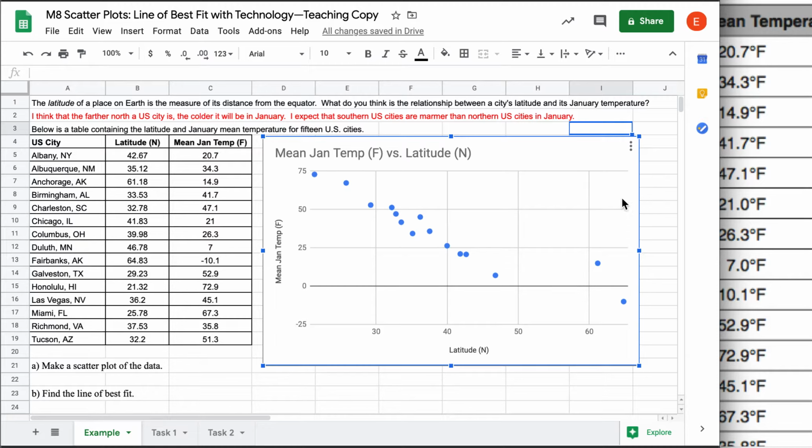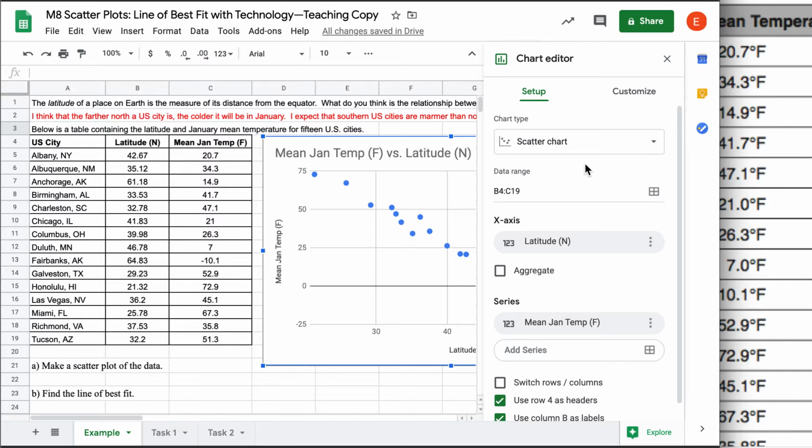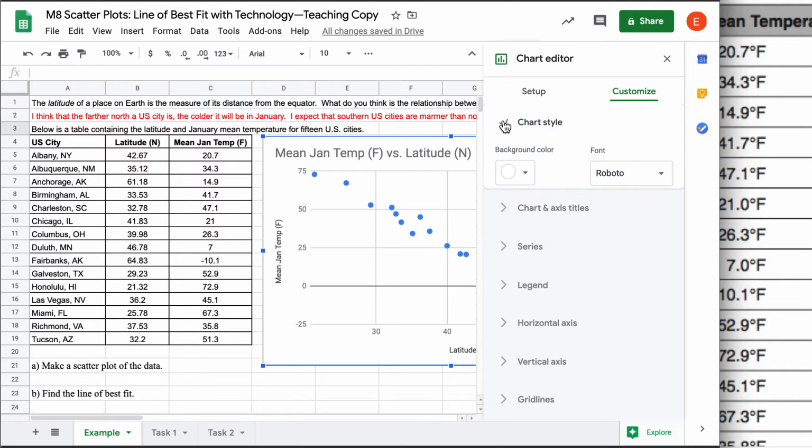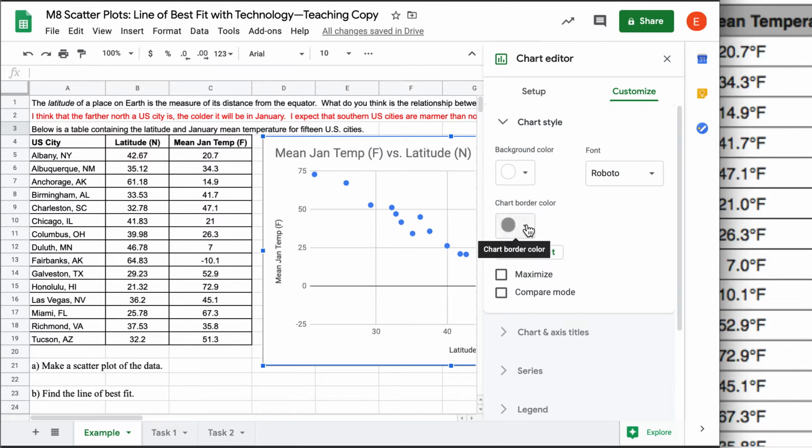So if you've already closed it and it looks kind of like this, you can go back into editing the chart right here with the triple dot, and we're going to edit the chart. Now we're going to customize it. There's a lot of things you can do here and customize the chart style. You can change the font, the colors.